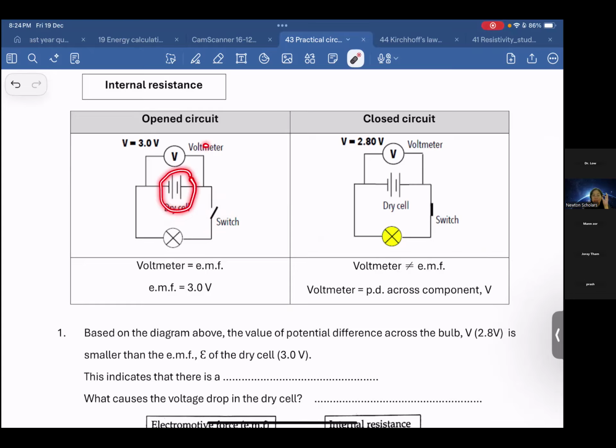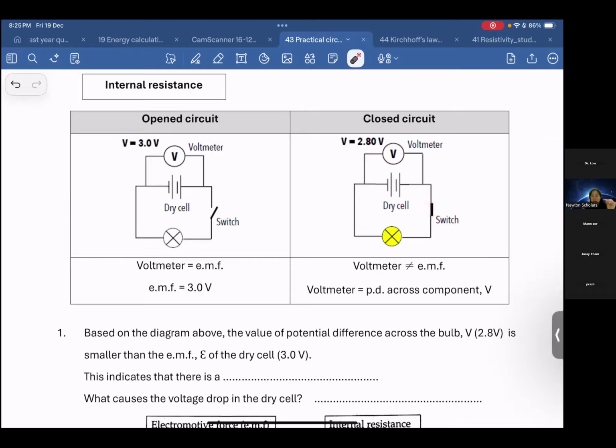But after that, when we close the switch, we found that, why just now my voltmeter showed 3.0 volt? Right now it's only 2.80 volt. What's going on when the switch is closed? I lost 0.2 volt.